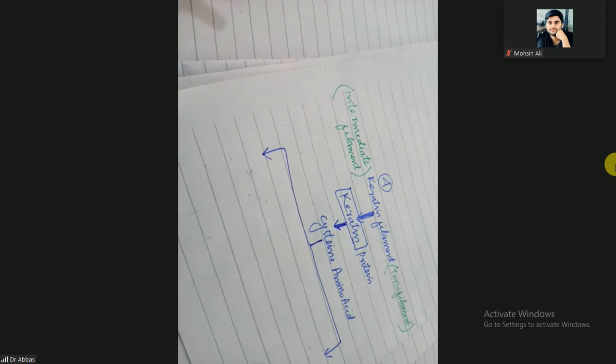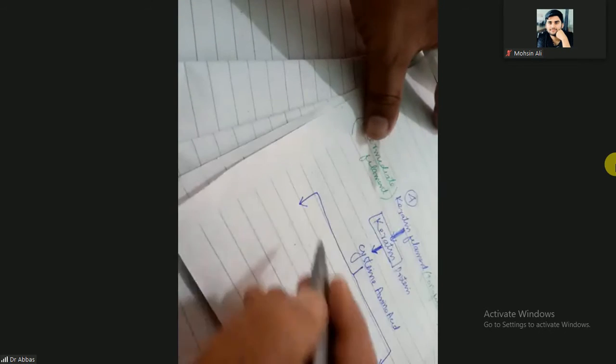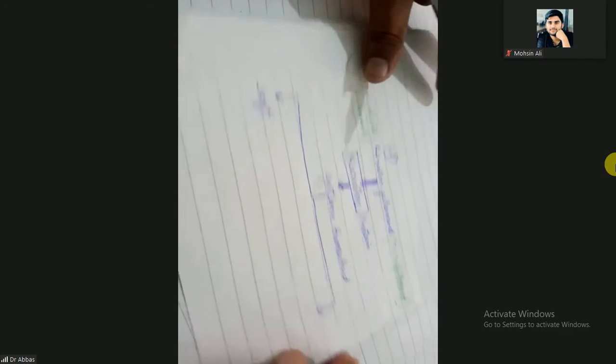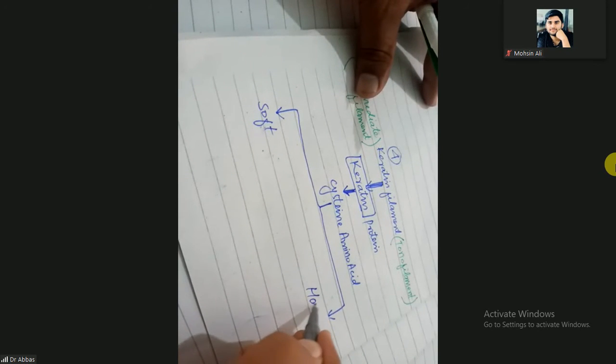Keratin is a protein, and protein is made up of amino acids. So keratin is of two types. One is soft keratin and the other is hard keratin.